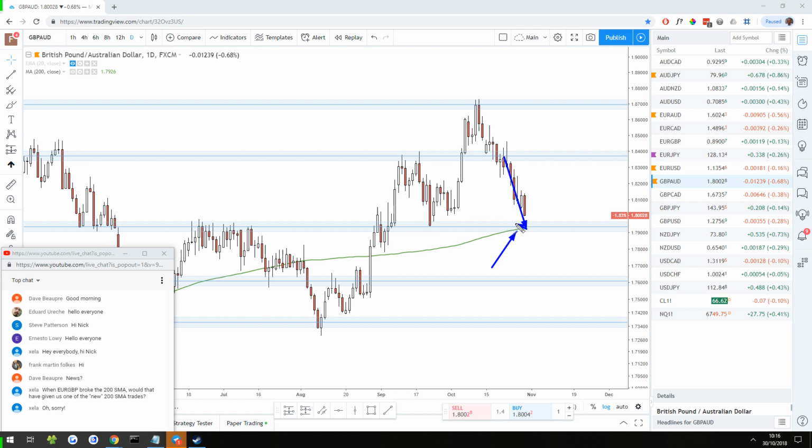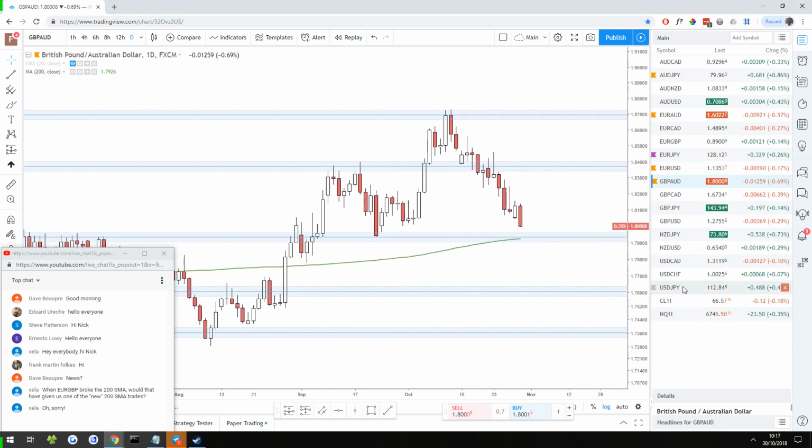So it's a double support resistance area. We've got our area plus the 200 MA. Let's see what happens when it hits down here. Could give us potential for a reversal. We'll keep a close eye on that one.